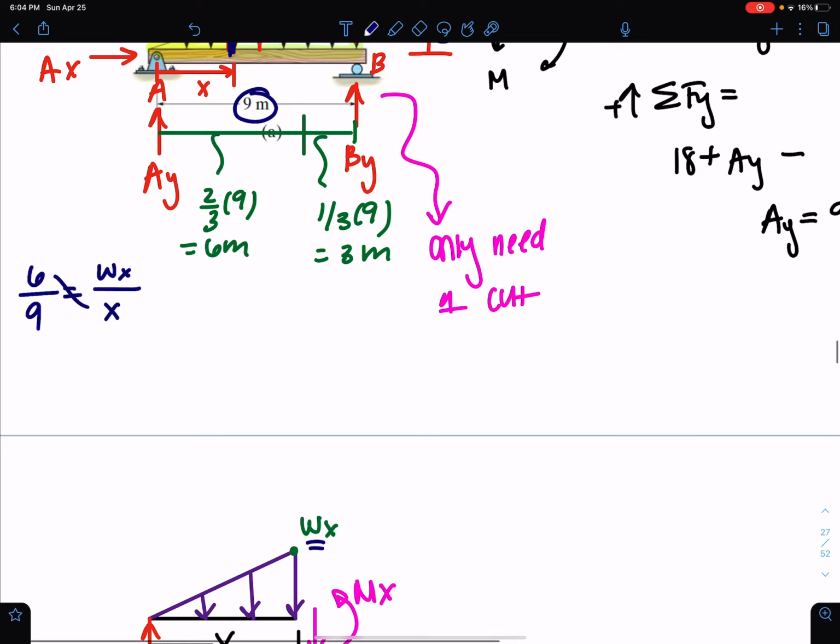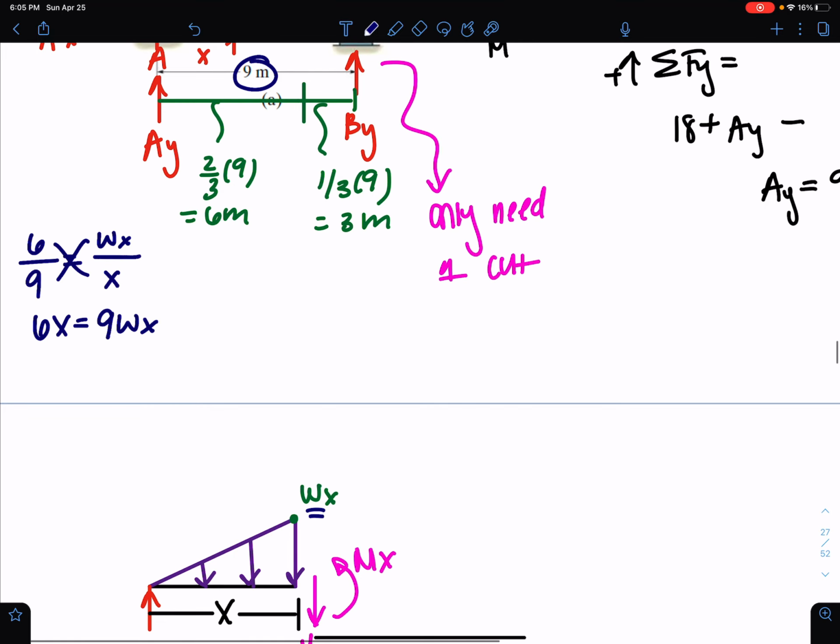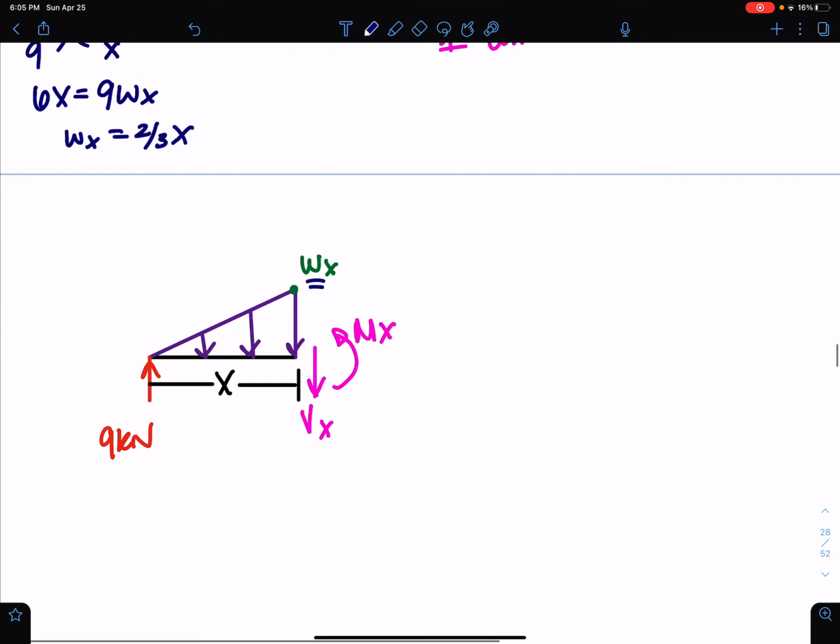And if we cross multiply, we get 6x equals 9wx, and we get wx equals 2/3 x. So this value here is equal to 2/3 x. That's the total height of the triangle.